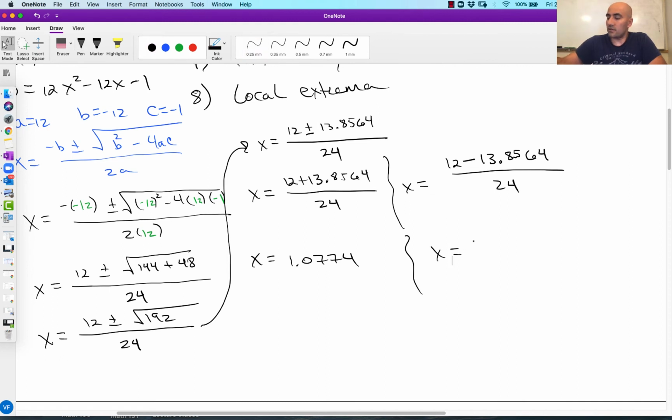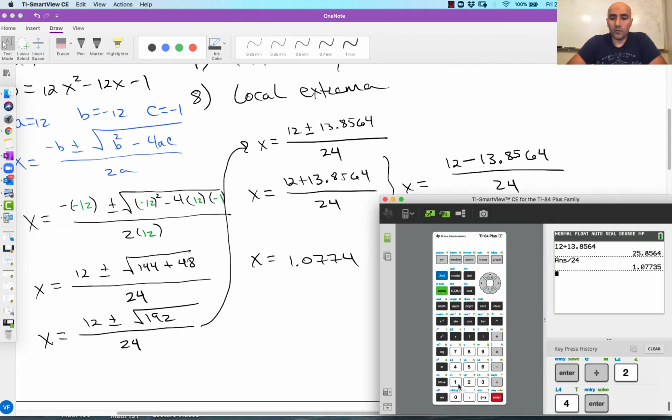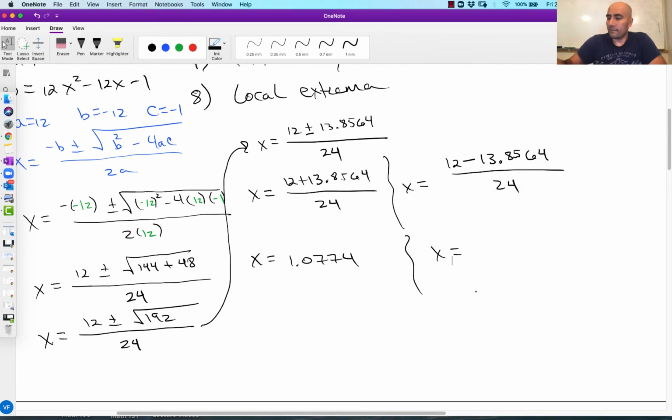And in the other case, 12 minus 13.8564, that decimal divided by 24, will be negative 0.0774. Okay, so we have our two partition points. So these are both partition points.